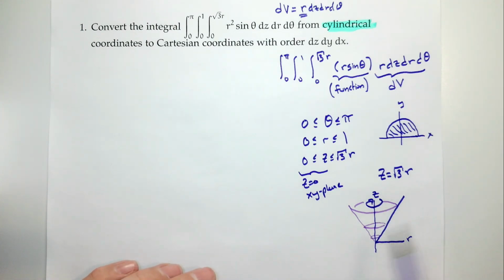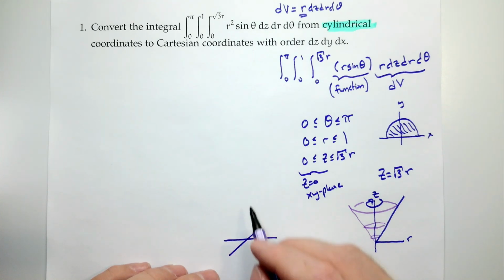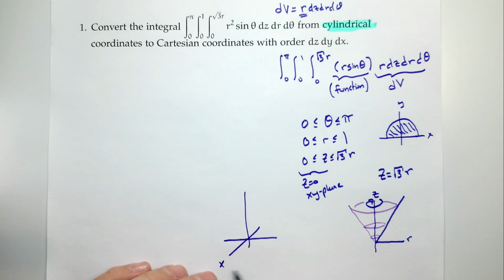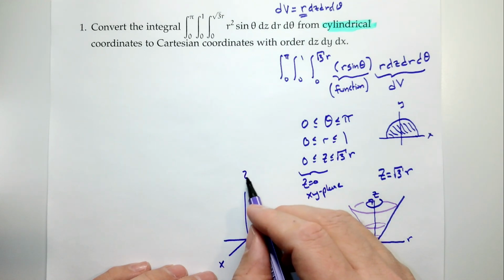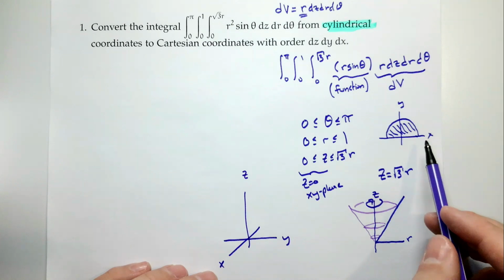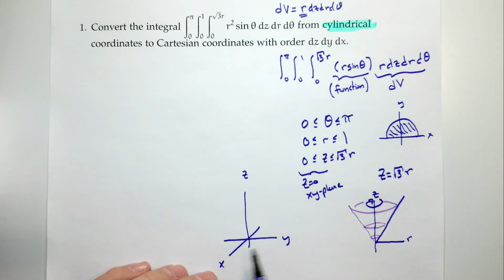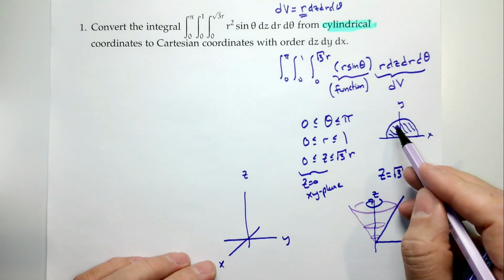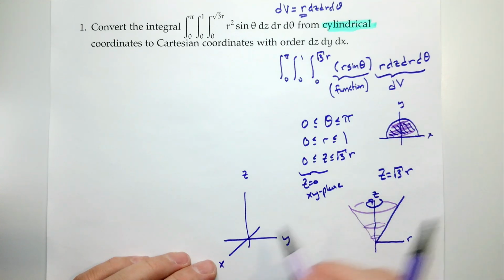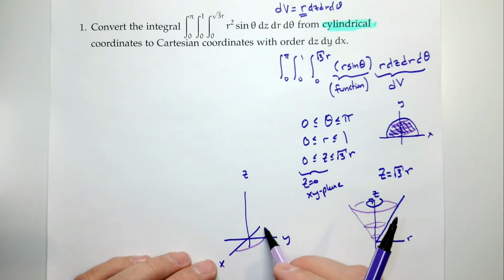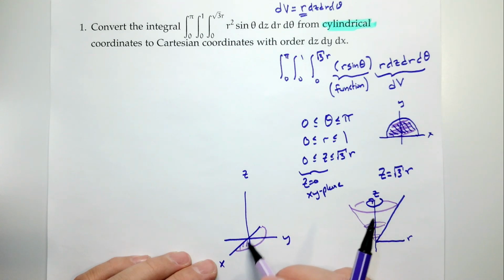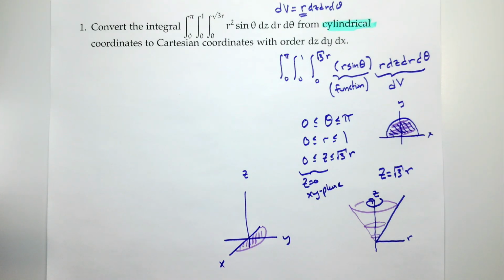So suppose we were to put all this information together. If we were in xyz space, you see here that we want this circle. So I want to take this circle and put it in. Watch carefully. This half circle goes in there in the xy plane.